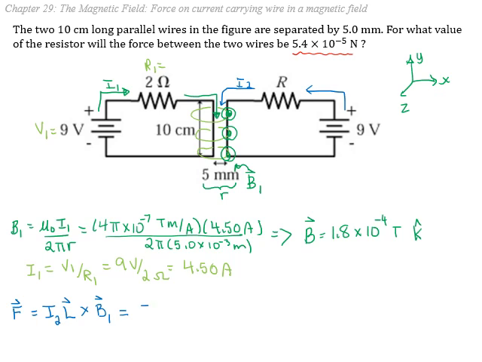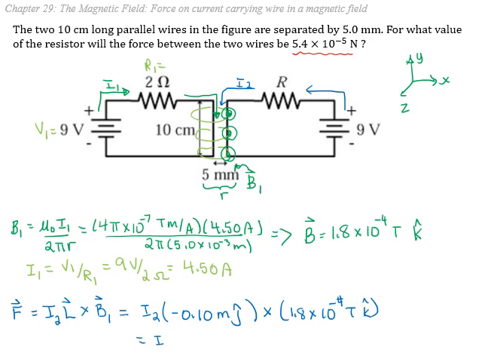So we've got I2. We don't know what I2 is because we don't know R. It's equal to I2. The length of our wire is 10 centimeters. The direction is the same as the direction of current. Current I2 goes down, so the length vector points down. So we've got 0.10 meters, negative J hat. That's crossed with B1, which is 1.8 times 10 to the minus 4 Teslas, K hat.